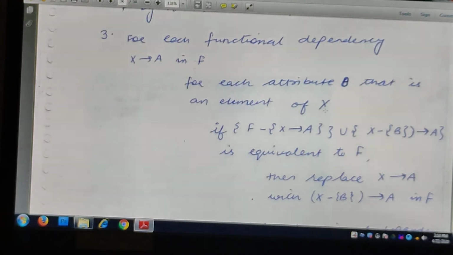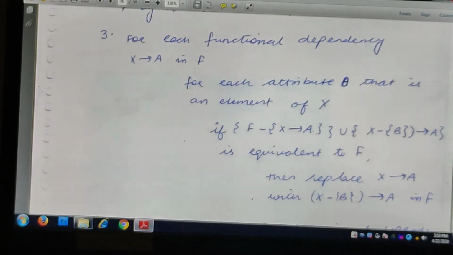attribute, right? So I am assuming that X is a set of attributes. What this algorithm says is that I remove this functional dependency X to A from my set F and add a new dependency to F that I get by removing the attribute B. Suppose I give you an example.